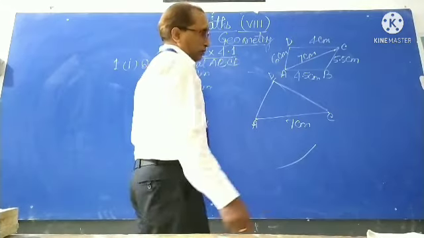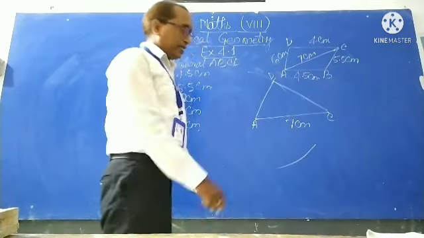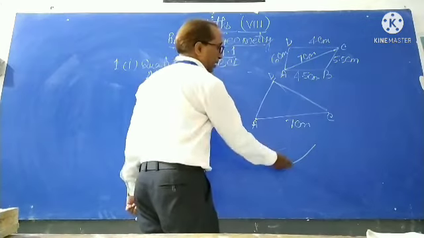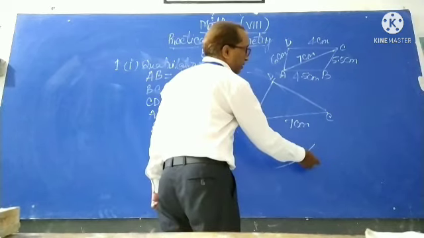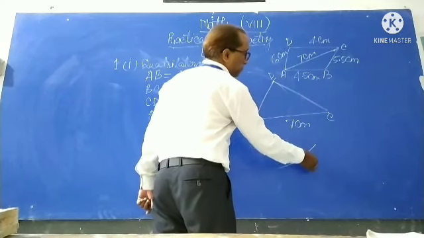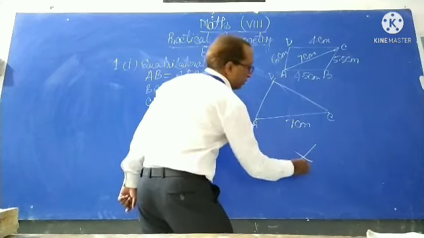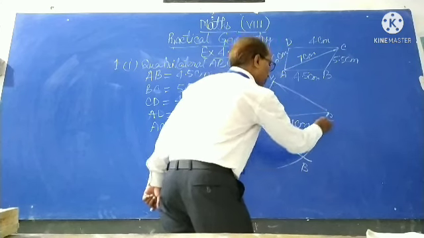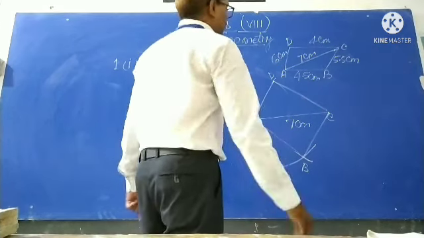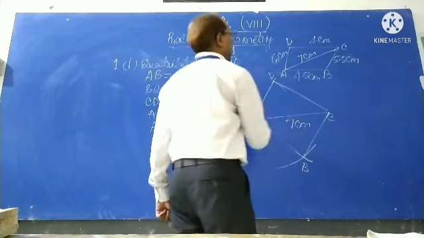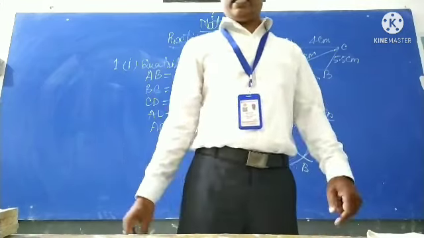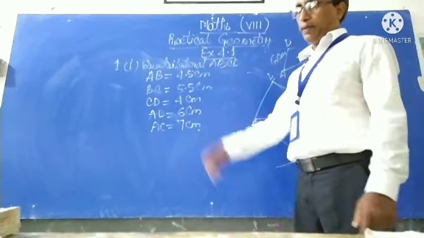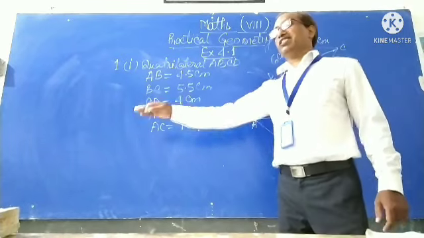Then you take 5.5 centimeter distance in your compass and draw an arc with center C, which cuts the previous arc at point B. And join A to B and C to B. Your required quadrilateral ABCD is constructed.